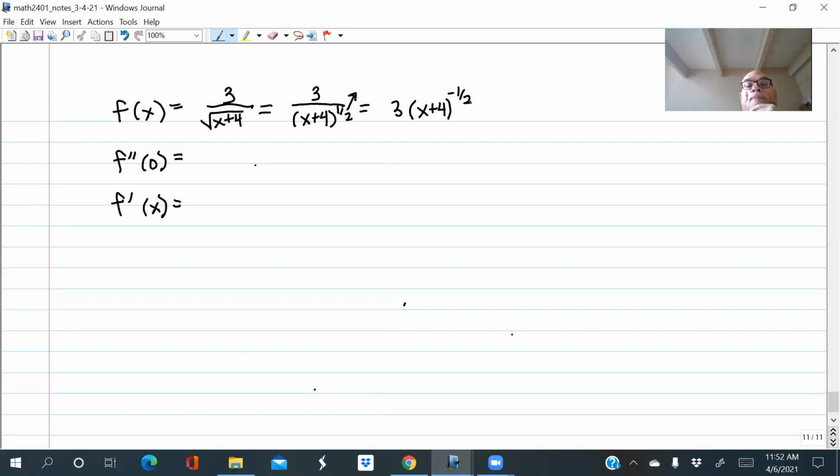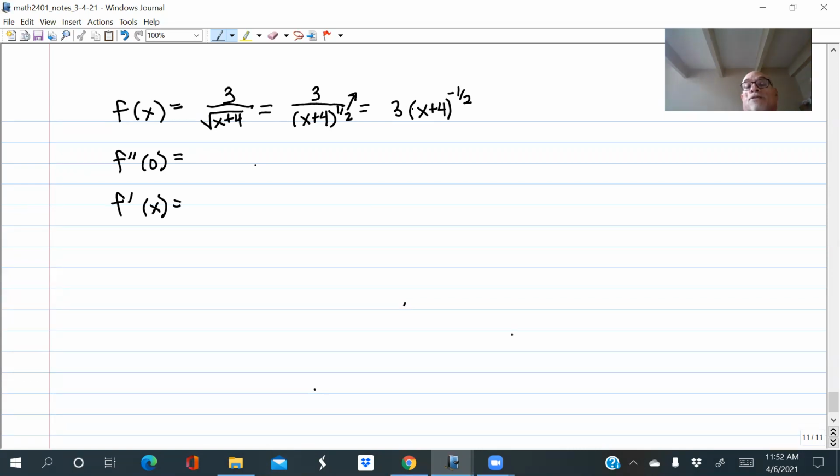So you can write the 3 over x plus 4 to the 1/2 power as 3 times x plus 4 to the minus 1/2 power, okay? And I think that's useful in this case because, see, you no longer have a quotient now, right? You don't have a quotient any longer. This is a quotient because you have 3 divided by x plus 4 to the 1/2 power. But now here you have it written without a quotient. And so to find the derivative, you don't have to use the quotient rule. And the quotient rule is a little bit messy to use and remember, right?